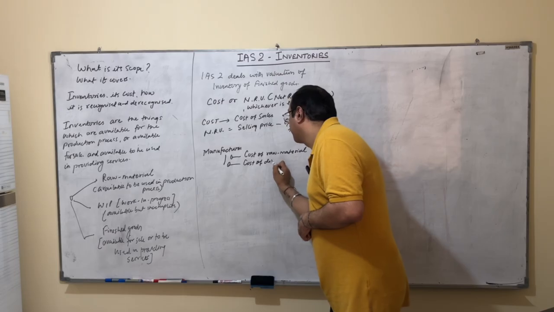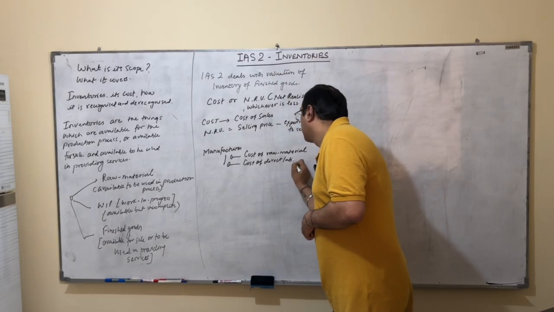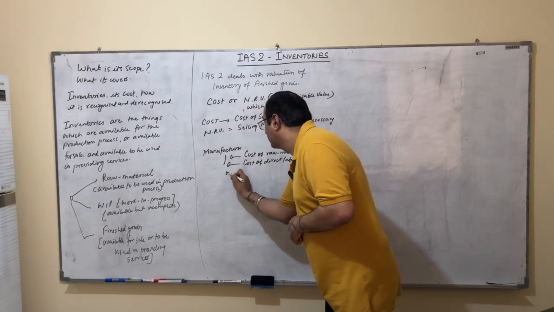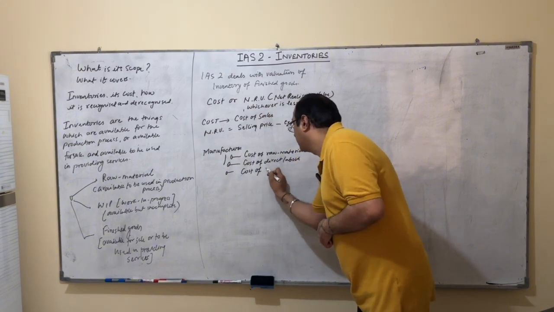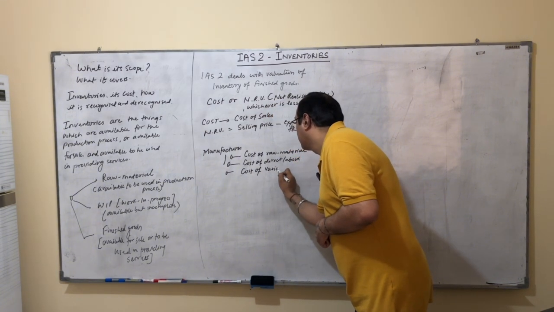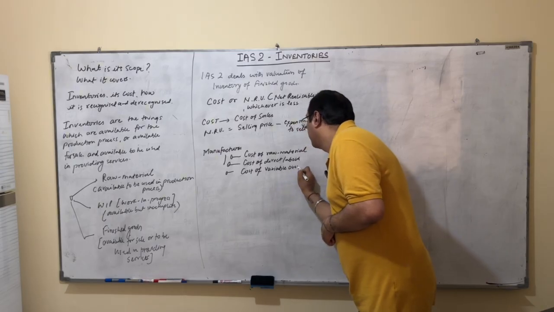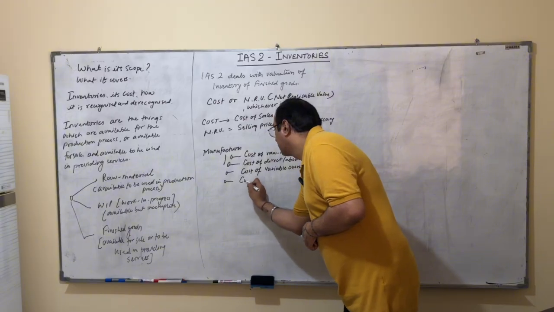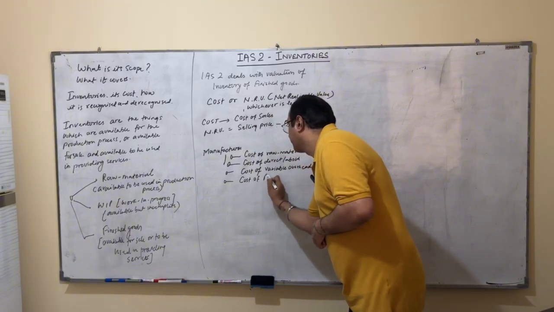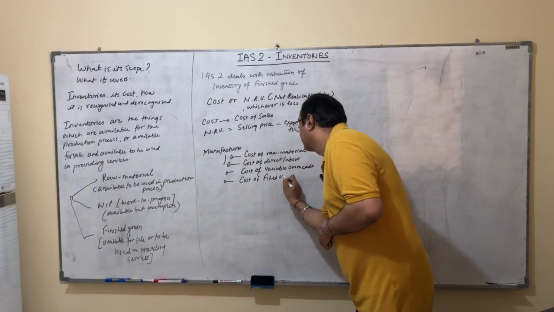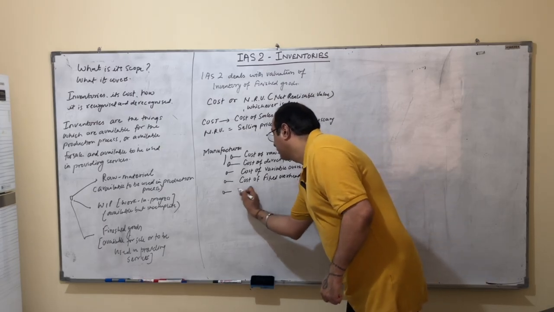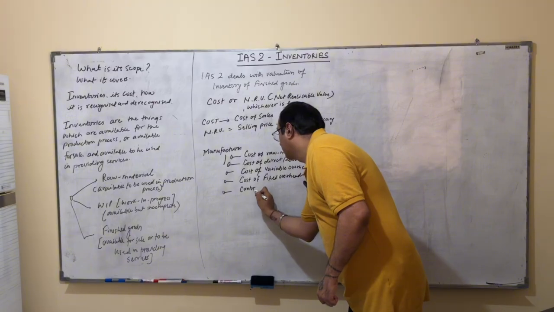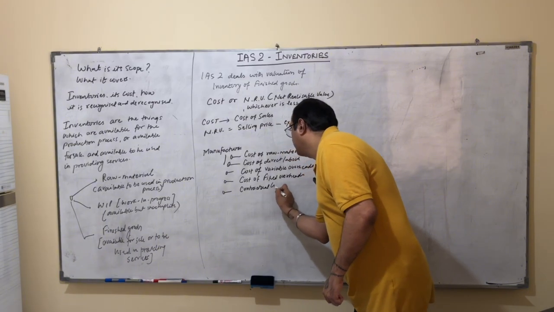Cost of direct labor, cost of variable overheads, cost of fixed overheads, some contractual cost. What are these contractual costs?